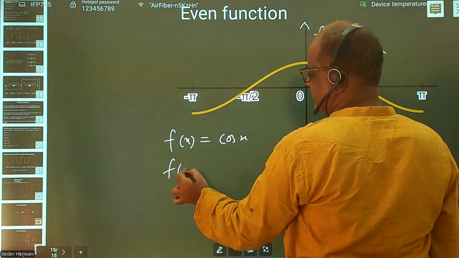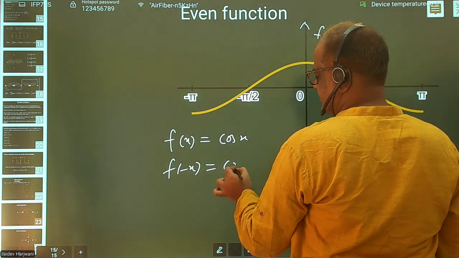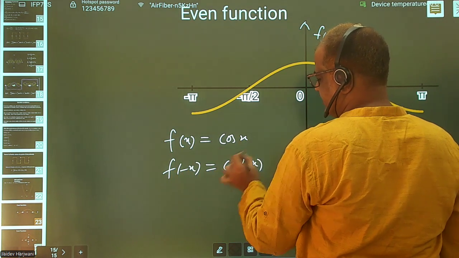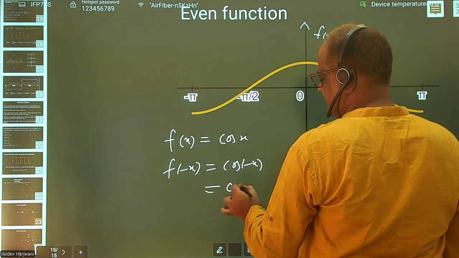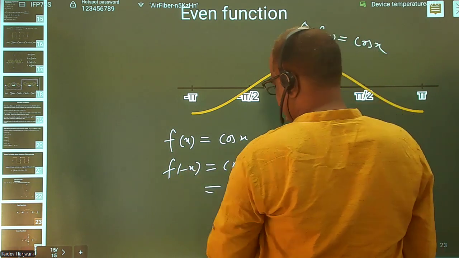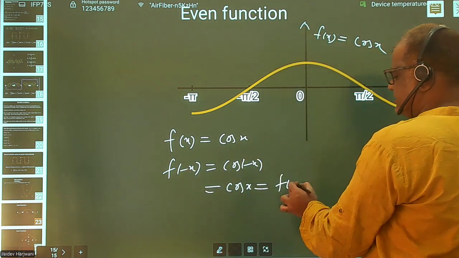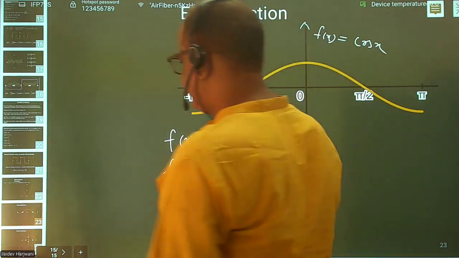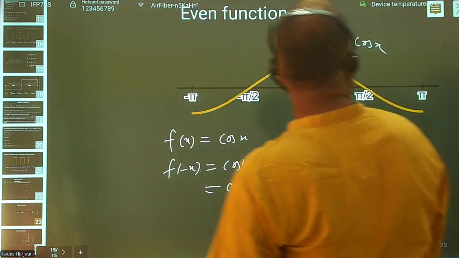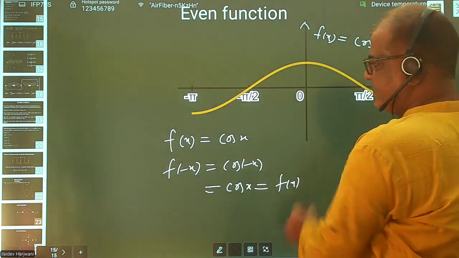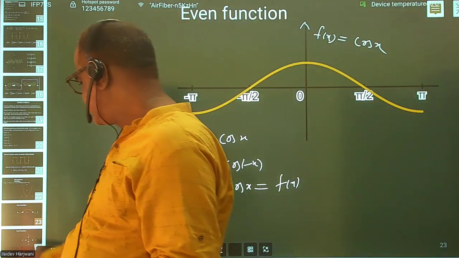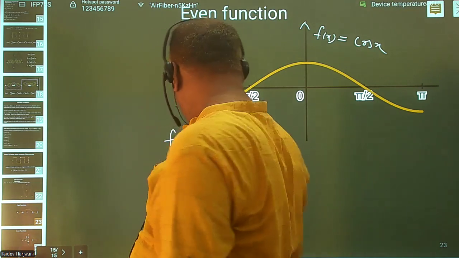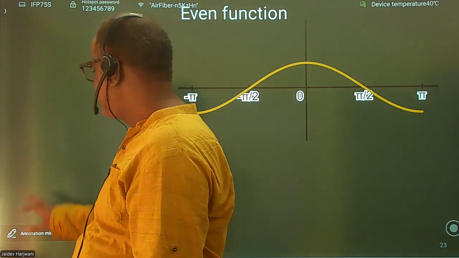If I take f of minus x, we know cos of minus theta is cos theta. So this is equal to f of x. So this function is also even.